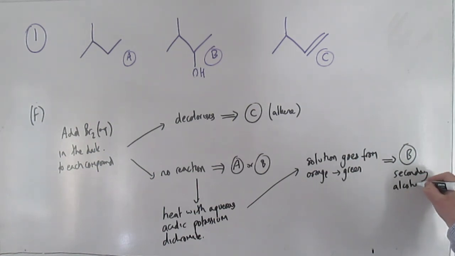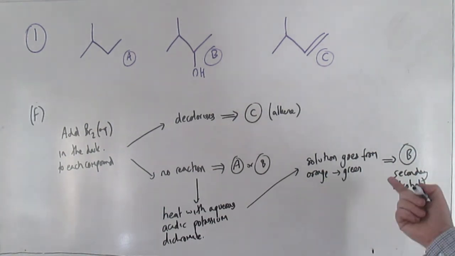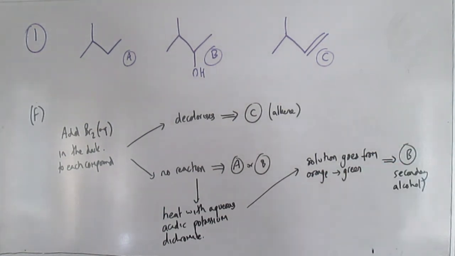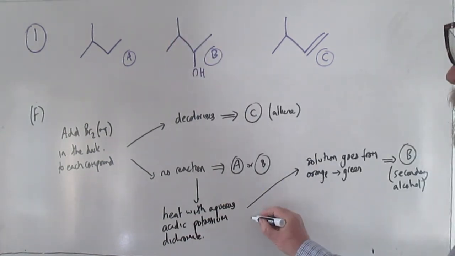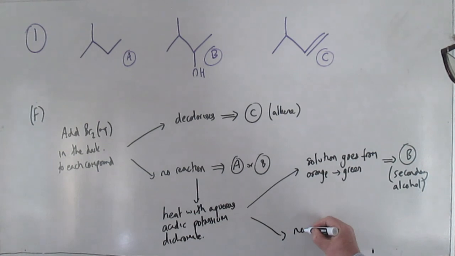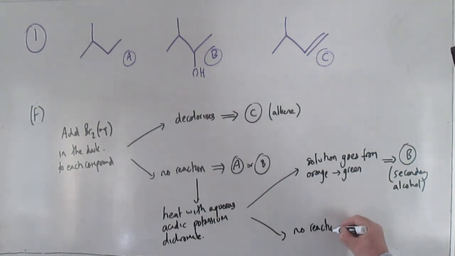And if it's oxidized, the orange dichromate gets reduced to green chromium 3+. That's the origin of the colour. This can't react, so if there's no reaction, well, that's the one that's left. So that means it's A. Okay, and that answers the question.